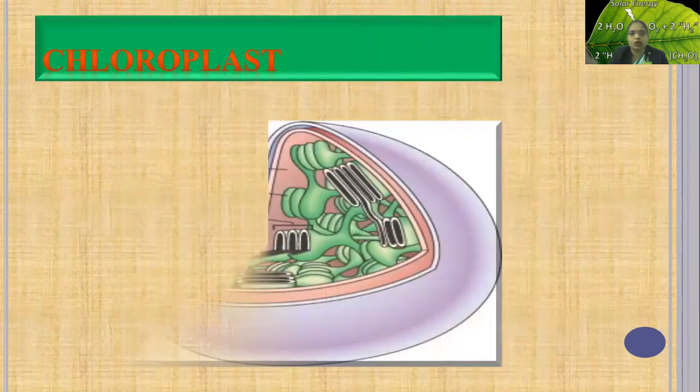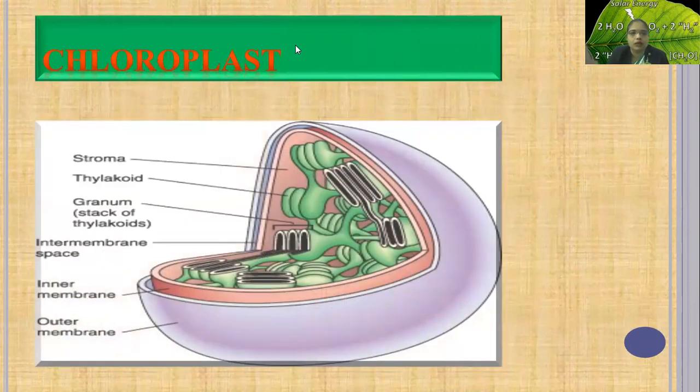Here in the structure of chloroplast, this structure is known as stroma, this structure is known as the thylakoid. Then a stack of thylakoids is known as the granum, and a single one is known as the thylakoid.